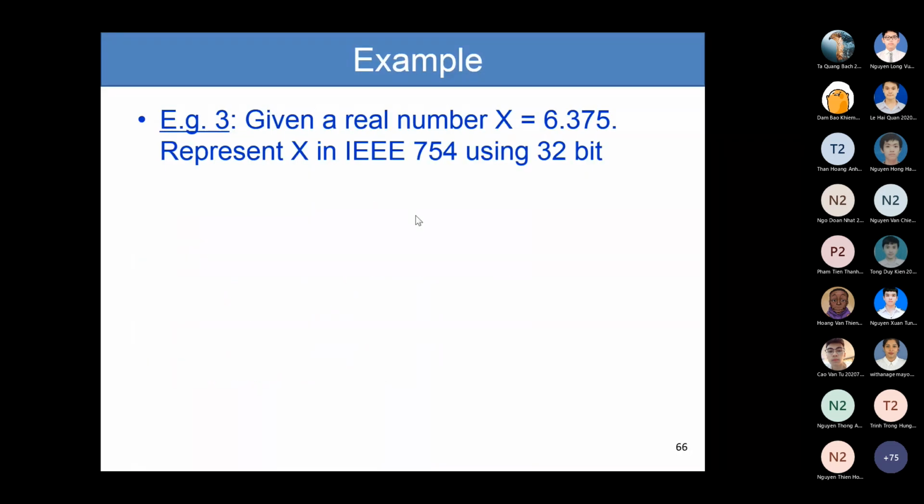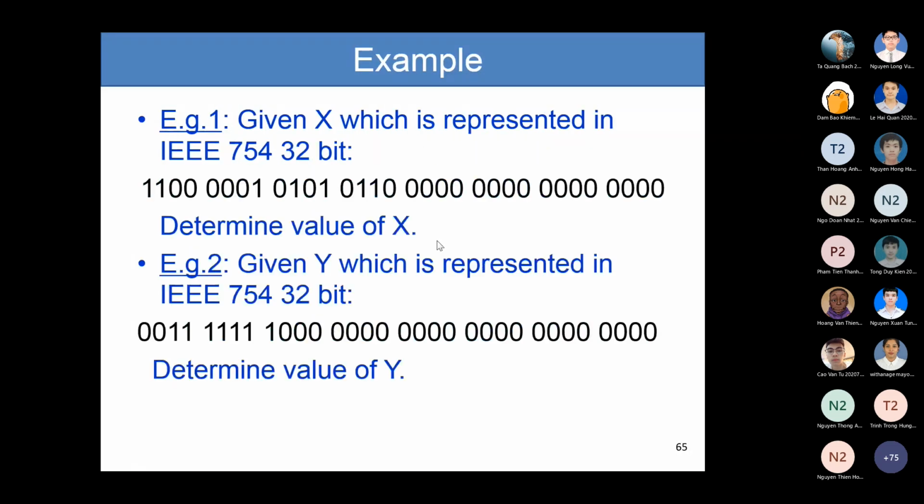Okay, example: small e equals 1, 0, 0, 0, 0, 0, 1, 0. It means this is 128, and this is 2. So small e equals 130, right?